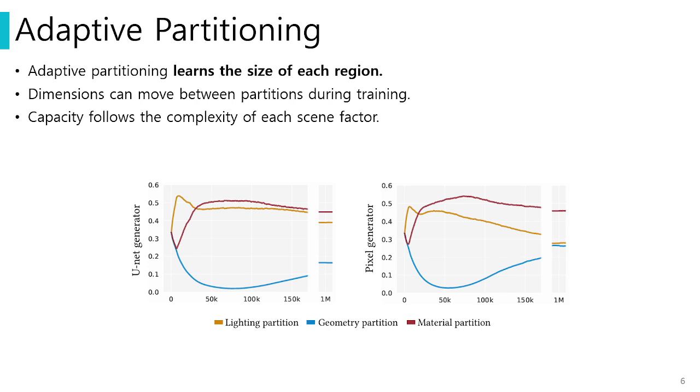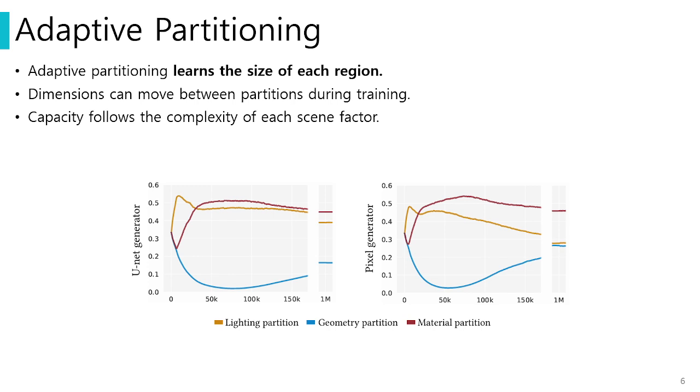So, this paper makes the partition size adaptive. This figure shows two generator choices, unit and pixel generator. Yellow is lighting, blue is geometry, and red is material. But here, please focus only on how the partition size changed during training.